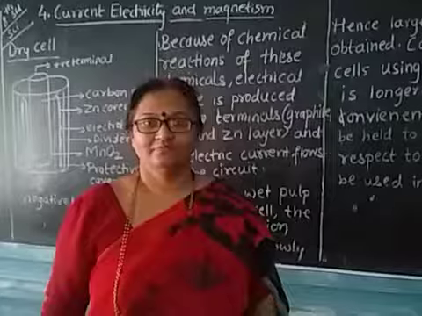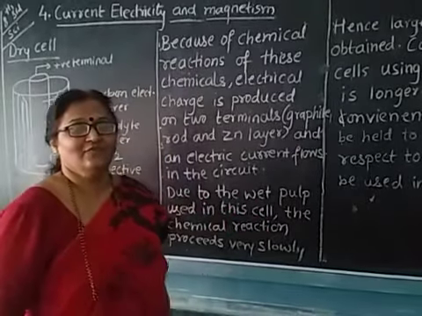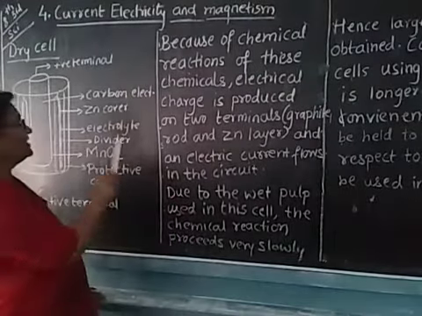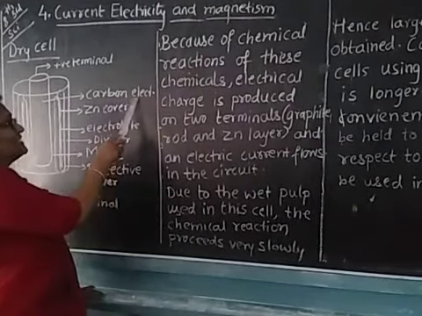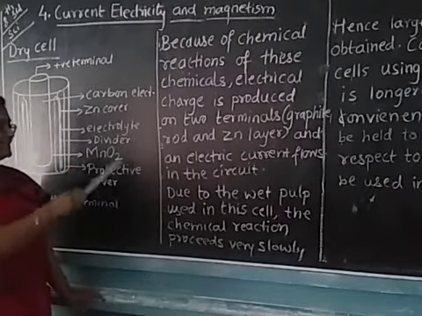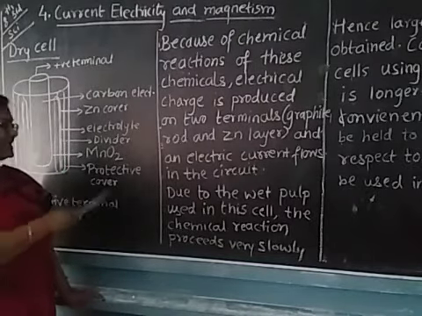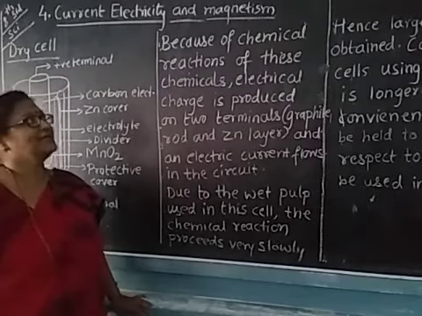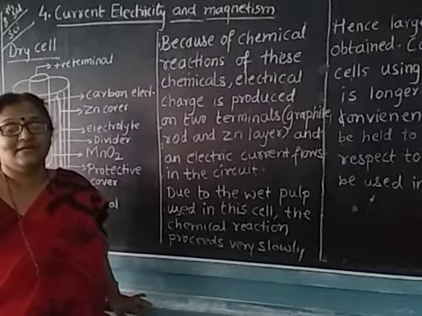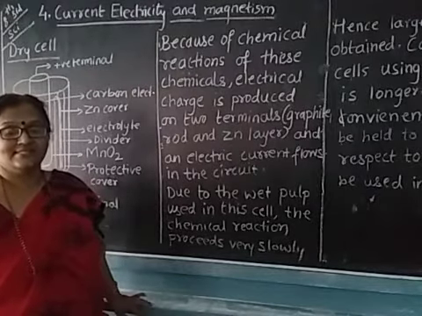The next point. Now see here, whenever we are considering the dry cell, we have considered the carbon electrode, zinc cover, electrolyte, manganese dioxide, and positive and negative terminals. Then there is a cell and many chemicals are present inside this cell.